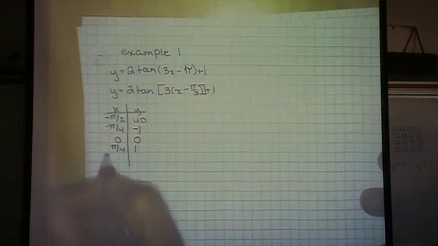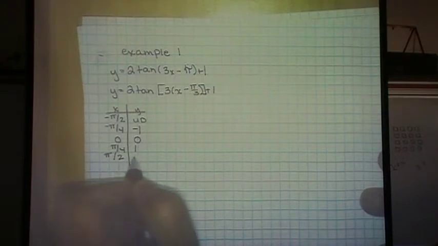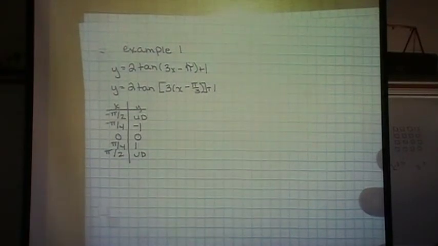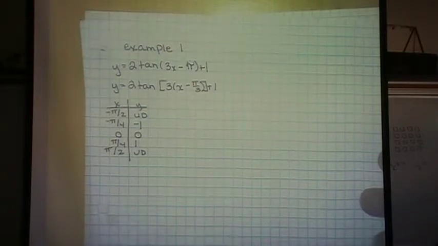And at pi over 2, we're back to undefined. So what that means is we're going to have some asymptotes with this. So we've added another little element to tangent and cotangent, as well as the reciprocals. They all have asymptotes.